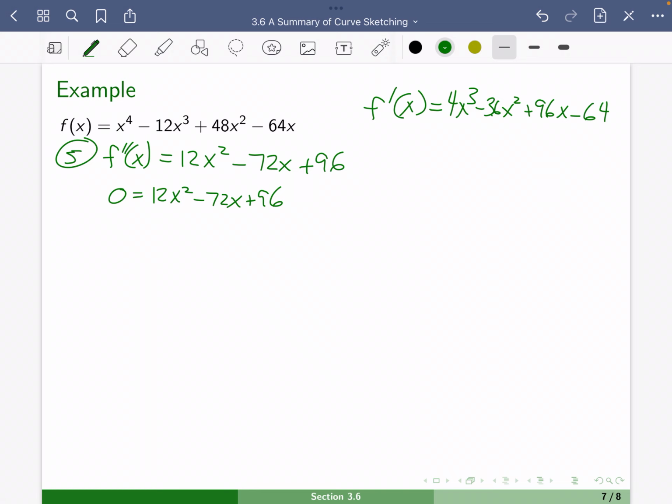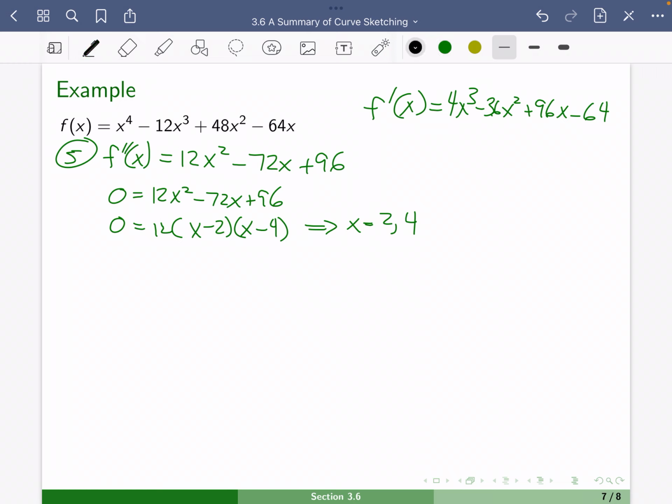We can factor out a 12, and then it will factor into 12 times x minus 2 times x minus 4. Set each of those pieces equal to 0, and so x is equal to 2 or 4.